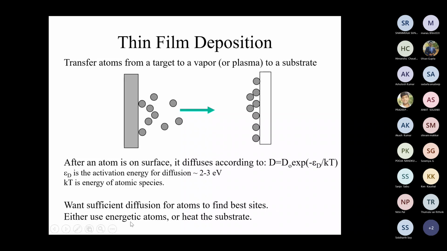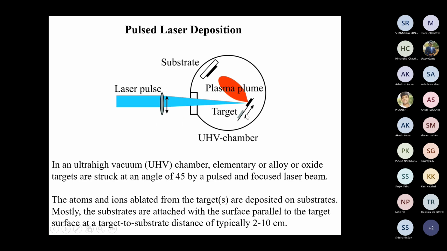Either use energetic atoms or heat the substrate. Whatever atom is coming from the target to the substrate could be energetic, or sometimes we need to heat that substrate so that we may get a proper film.